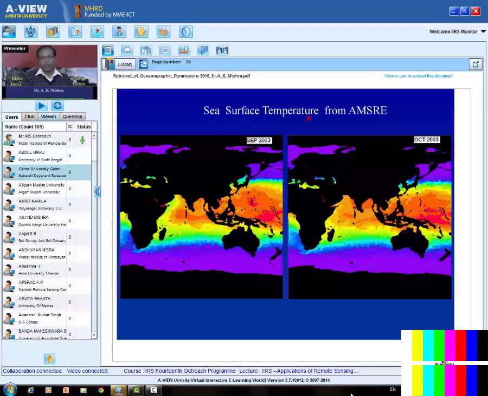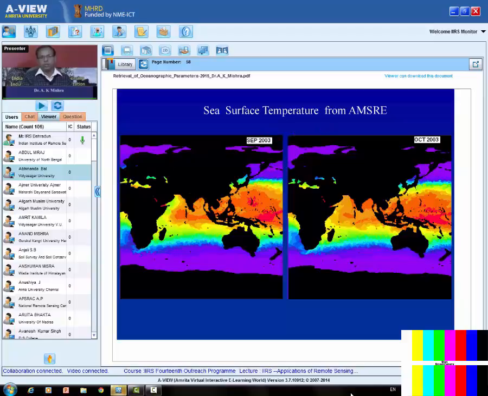And this is the sea surface temperature from the Advanced Microwave Scanning Radiometer, AMSR-E, in the Aqua satellite. So the advantage of microwave sensor is it can penetrate through clouds, and it can give the sea surface temperature information in presence of clouds also, but the thermal sensor cannot give you the sea surface temperature when clouds are present.